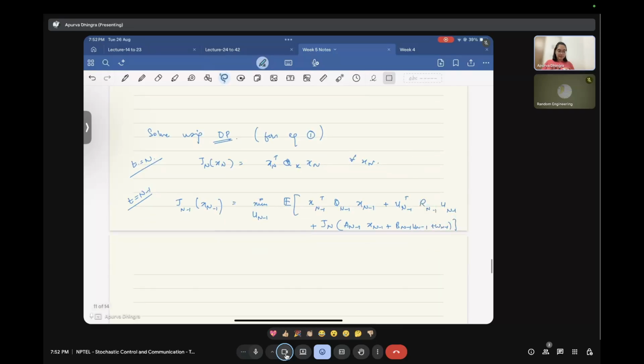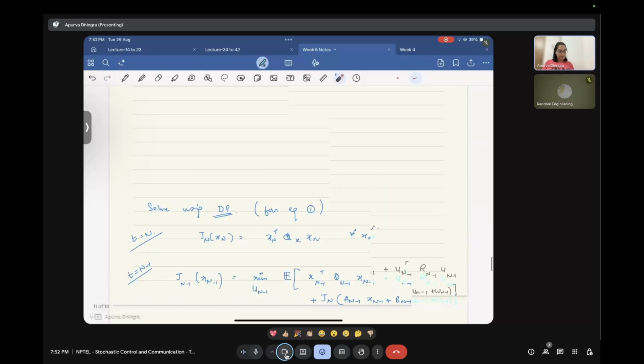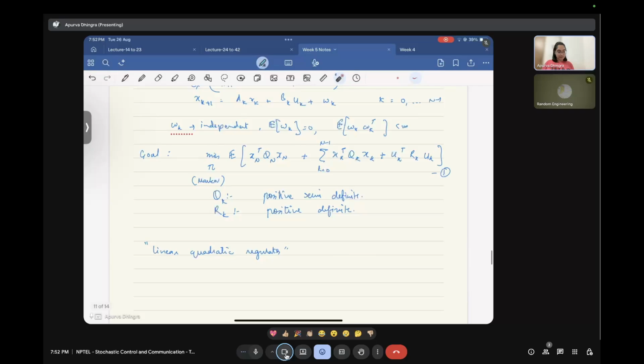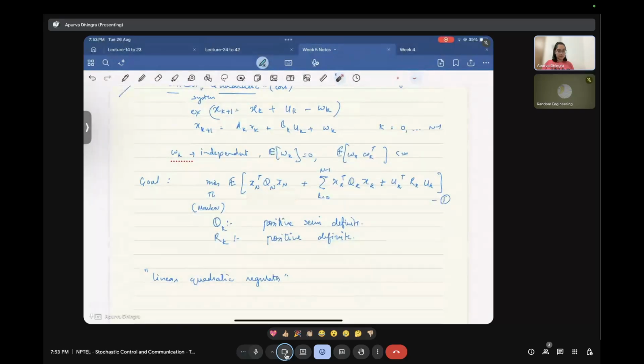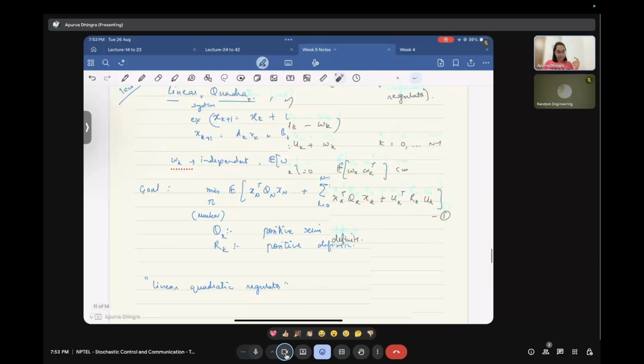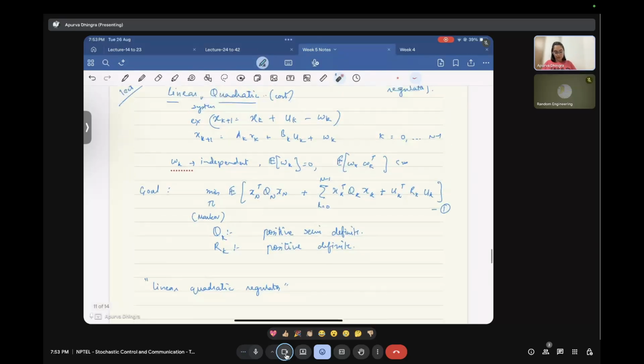The same DP algorithm can be applied here also. What that tells us is that we're supposed to start with the terminal cost, and the terminal cost is taken to be this. xn is the terminal state, and t equal to n is the time horizon. Again, it's the same kind of setting.